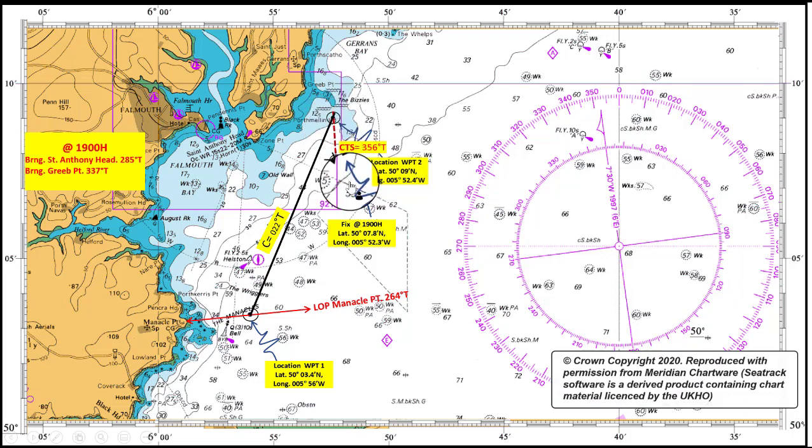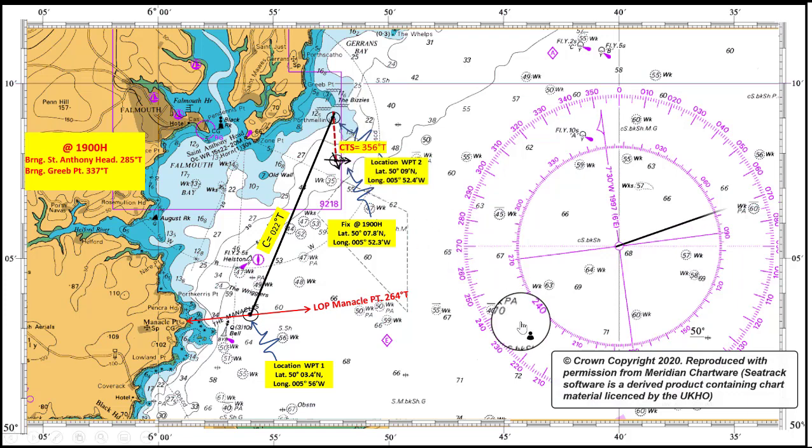Now, as your ship arrives at waypoint 2 here at 1920, the next instruction is to lay down the new course of 070 degrees true.